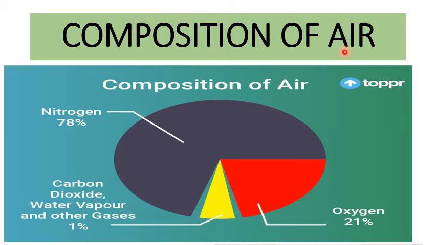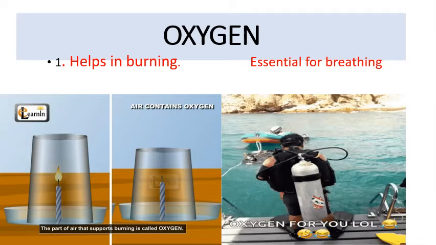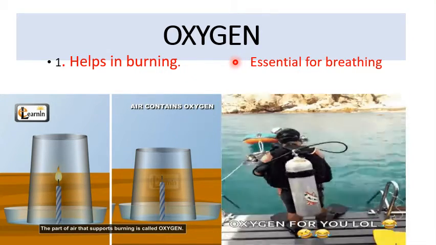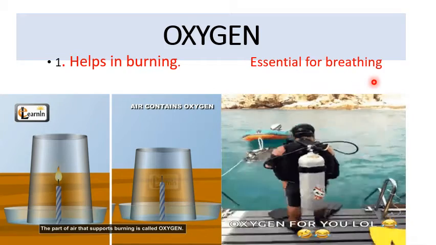Composition of air. So let us discuss which gases are present in the air. Nitrogen, carbon dioxide, oxygen and some other types of gases are present in the atmosphere. Oxygen is a very important gas that is essential for breathing and it helps in burning.